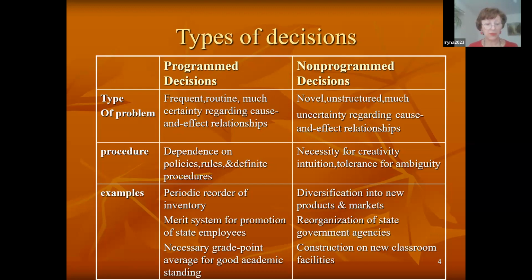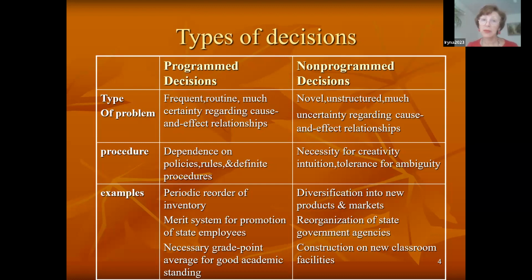As an example, for a production unit, periodic reordering of inventory is a programmed decision. Sometimes you have to just click on enter with a list of products you want to order. When a company is thinking or is taking a decision to diversify into new markets or new products, this is a non-programmed decision.